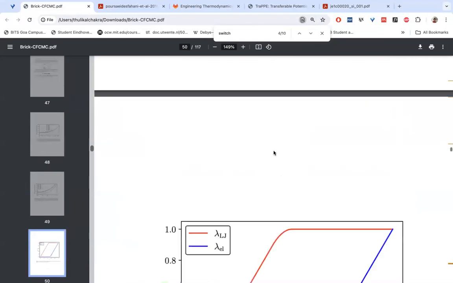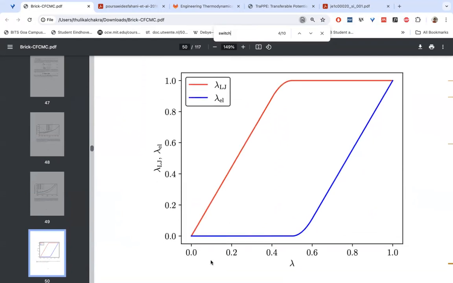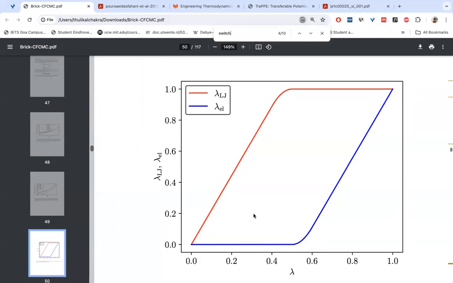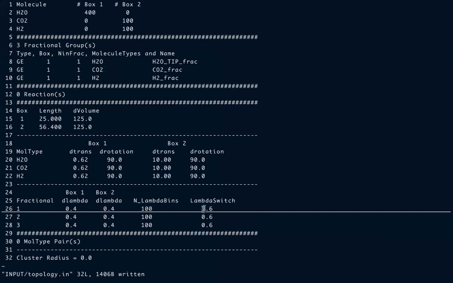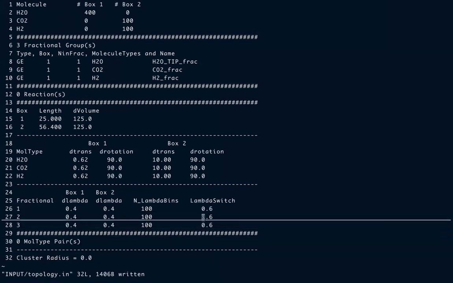Your lambda switch basically corresponds to this particular value here. So what it means is that the Lennard-Jones interactions become completely developed after a value of 0.6. And here also the electrostatic interactions start to develop from the value of 0.6. So that's precisely the value of lambda, and this can be chosen based on your particular problem, but as a default, I've chosen 0.6 here.